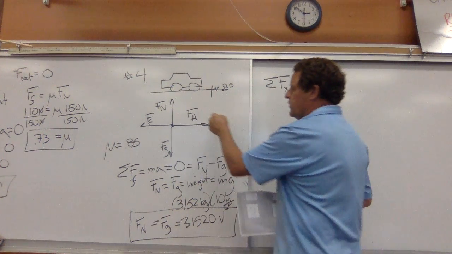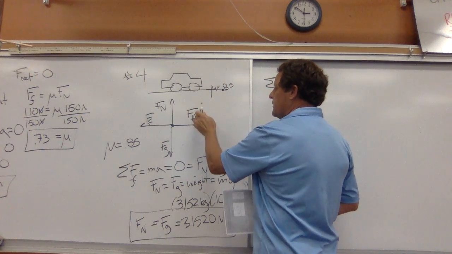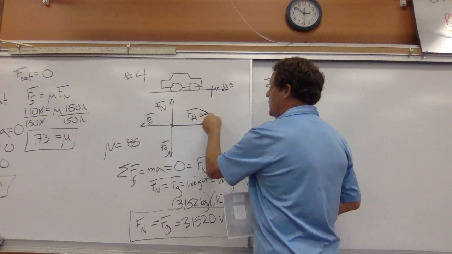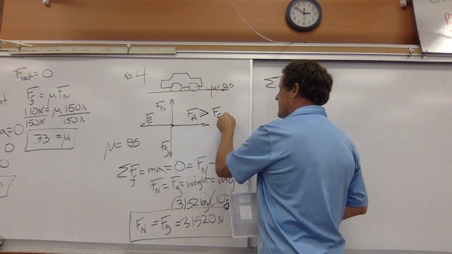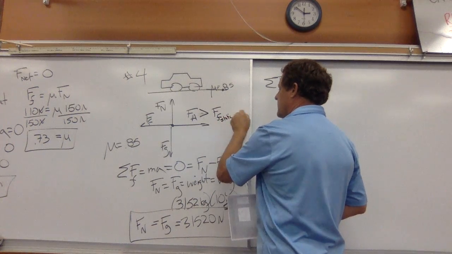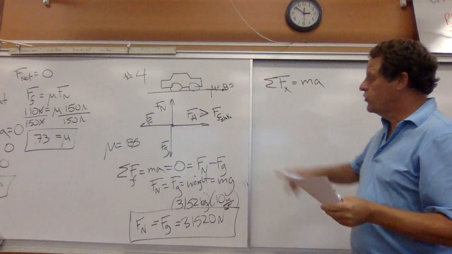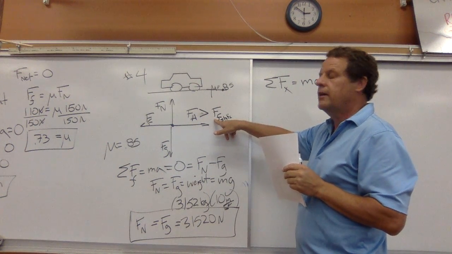So that means this one right here, this force applied, has got to be greater than the force of static friction in order to get it to move, okay? So we're just going to assume that it's just a little bit greater, all right?